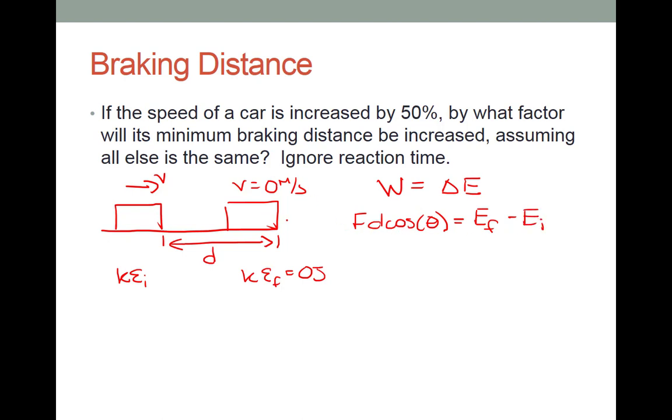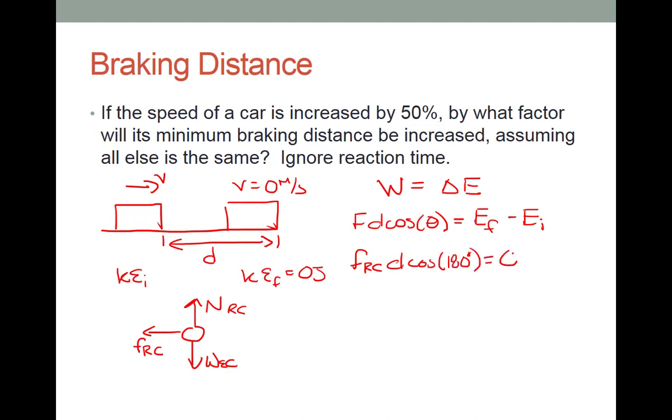Now, the force that is causing this car to brake, if you think about it, we have the normal force of the road on the car, the weight of the earth on the car, and then friction between the road and the car. So friction is again the force that is going to cause our change in energy and provide our work. So that's F_RC times d, and that angle will be 180 because velocity is to the right, friction is to the left.